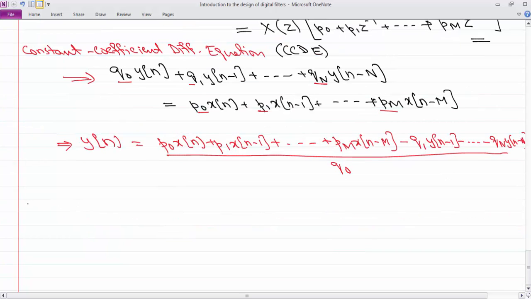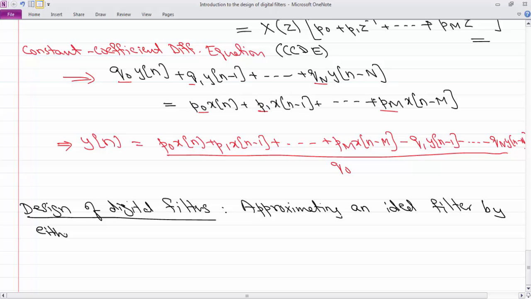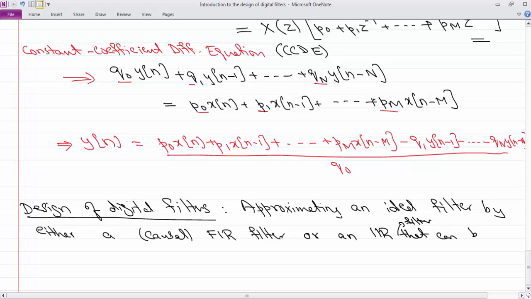And so the design of digital filters effectively boils down to approximating the ideal filter by either a causal FIR filter, in which case we just use the direct convolution sum, or an IIR filter that can be expressed as a constant coefficient difference equation.